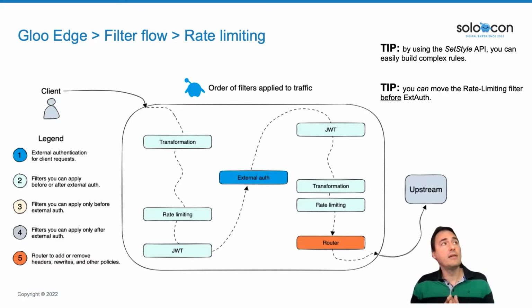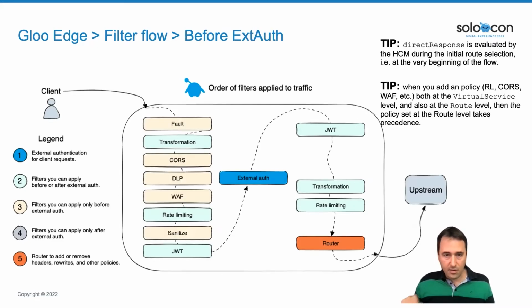And for the rate limiting we use something that is called the set style API. The set style API is a very easy way to describe complex scenarios. So this is a really interesting topic to dig deeper, but I can't do it now.